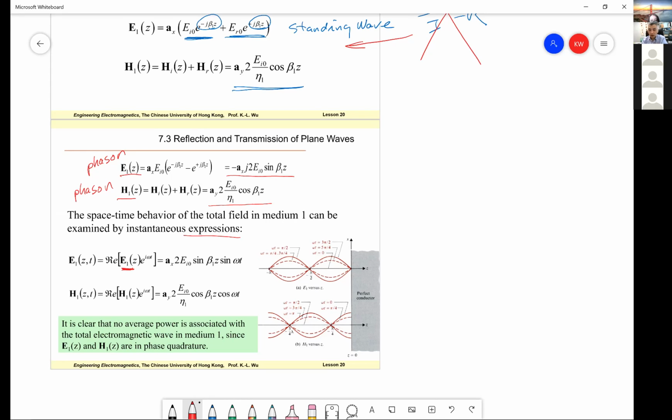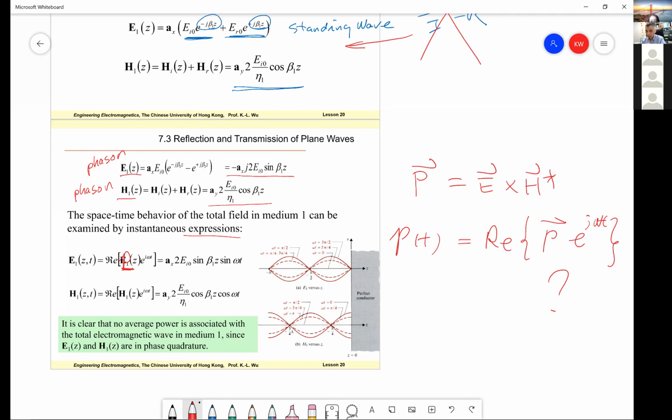If you have a power, say the Poynting vector is E cross H conjugate, can you find P in instantaneous expression by also doing this? No. Because in our definition, we never mention this is applied to power.